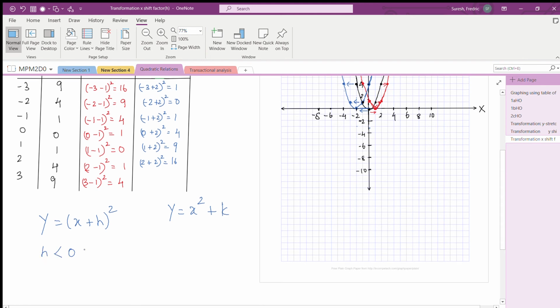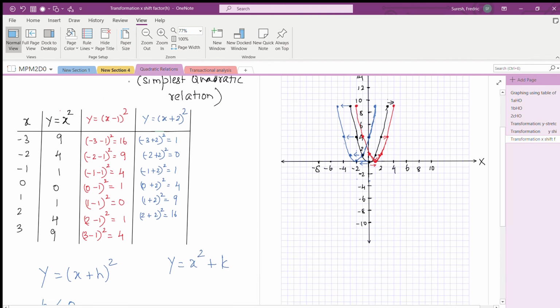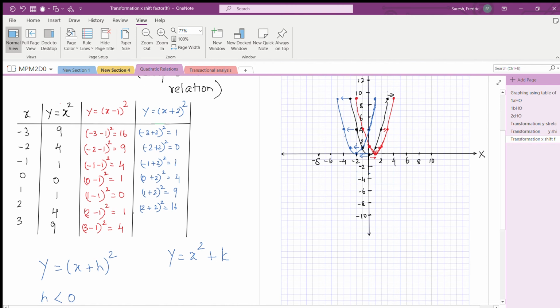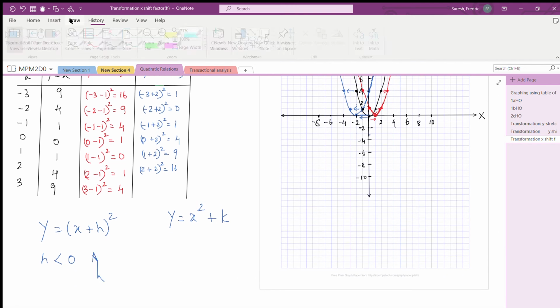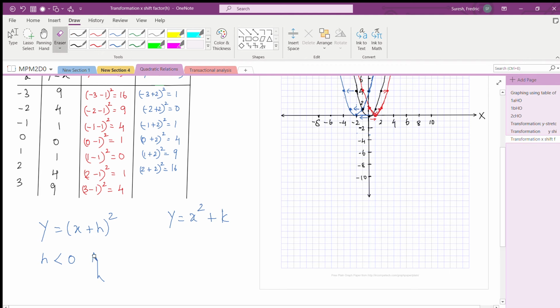So when you add the h value, if it is less than 0, say for example in this case the h value is a -1, it is less than 0, then we shift to the right. Okay, the eraser. Oh yeah, it's not responding.